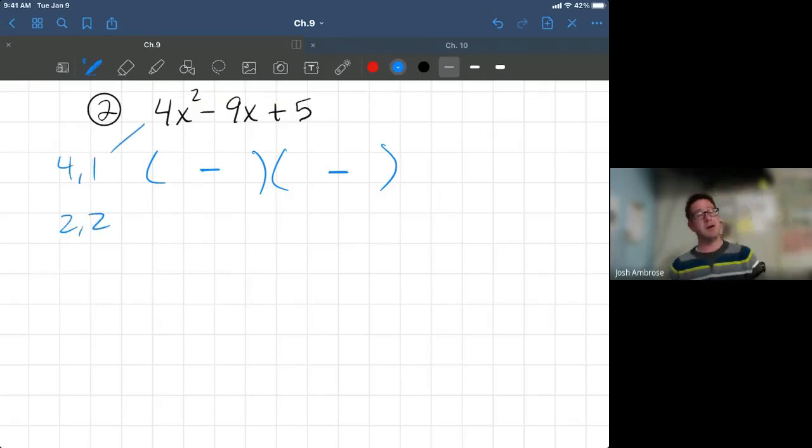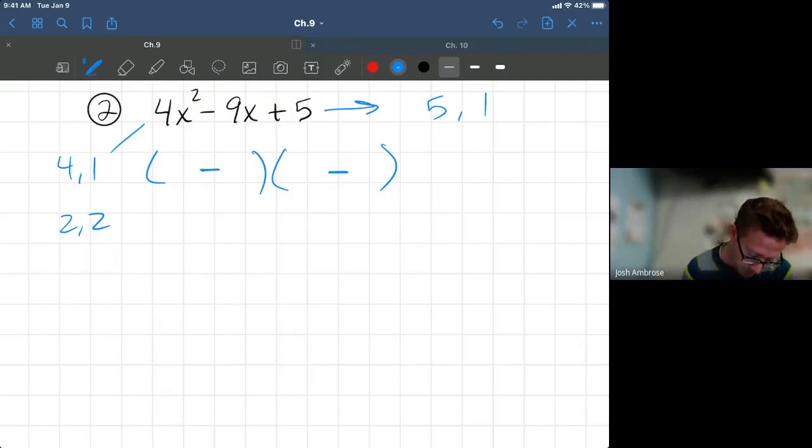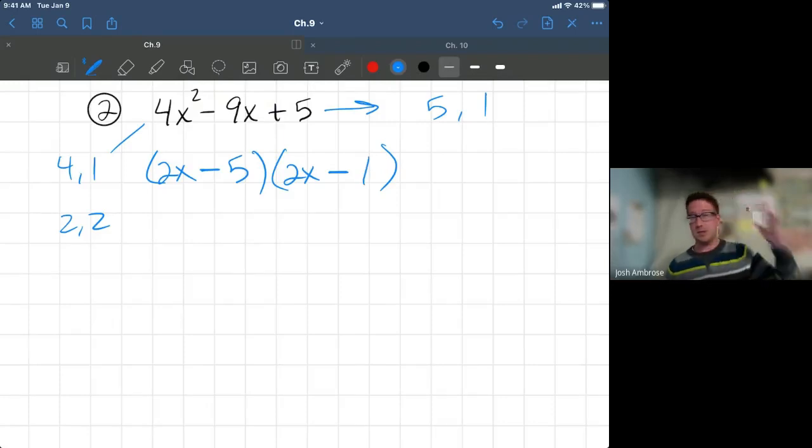Now we have a couple different options to play with, but with the 5, it's just 5 and 1. Okay, so that's a prime number. That works out nice. Let's try the 2 and 2, and we'll see if we're correct. So that's going to be a 2x here and a 2x here. Let's try the 5 and the 1 just as it is, because again, it's a prime number. Only 1 and 5 will work.